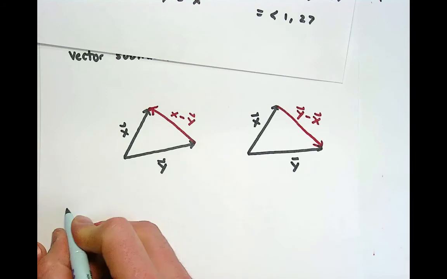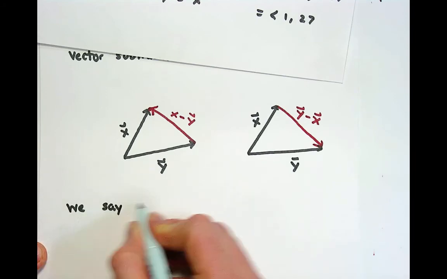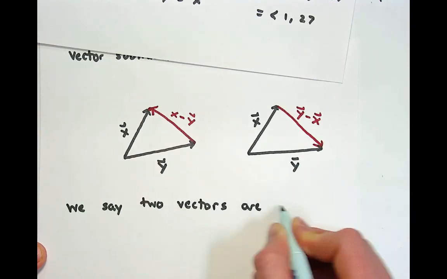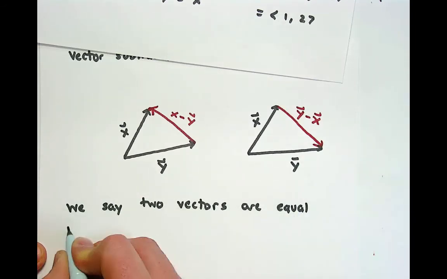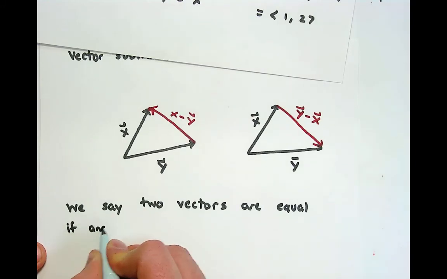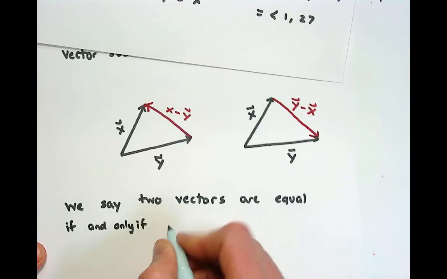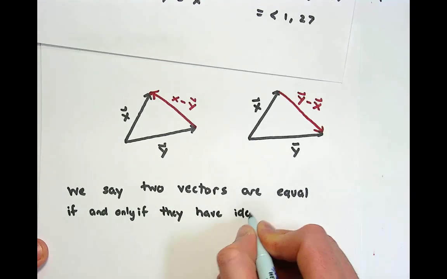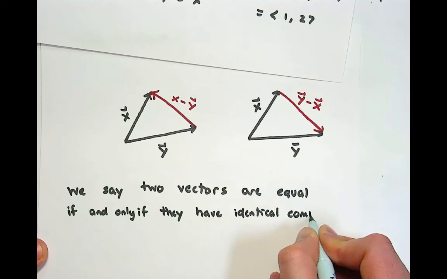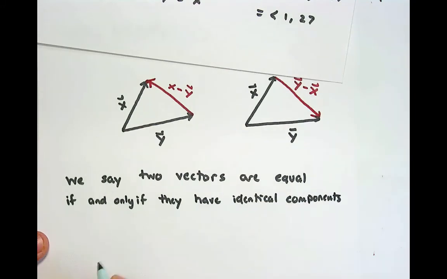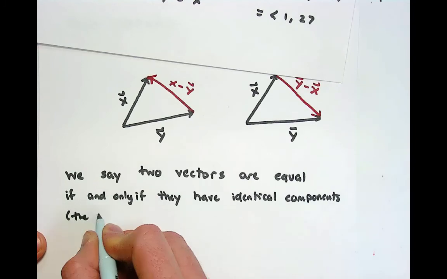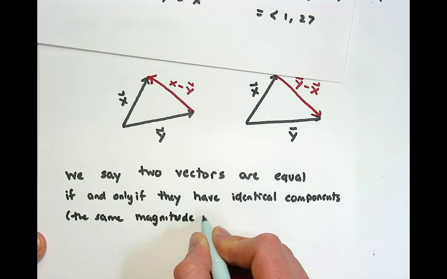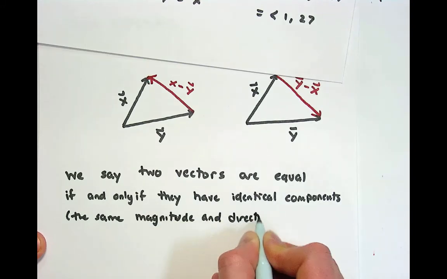All right, the last thing I want to say is, we say two vectors are equal if and only if they have identical components, the same magnitude and direction.